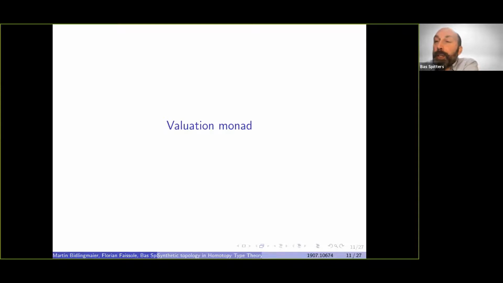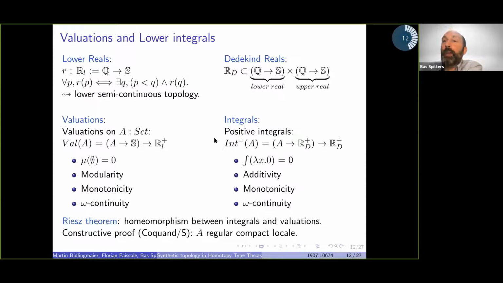But since this is a workshop on probability theory, we'd better get into probability theory right now. So we're going to construct the valuation monad in such a setting. The first thing we need to do is construct real numbers. And in a topos, there are a number of variants of real numbers.